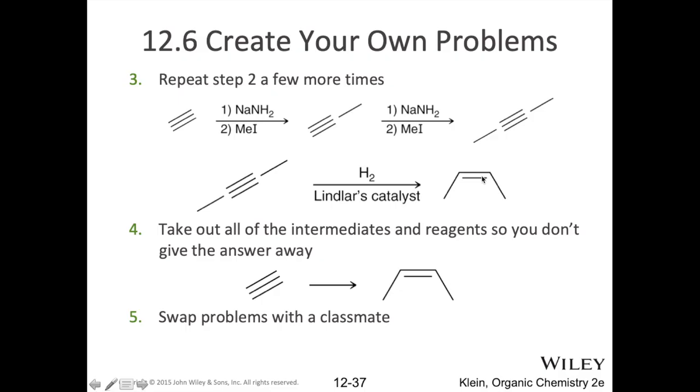And that's 2 steps. Oh, sorry. I guess it looks like I skipped a step there. It looks like we did a second equivalent of sodium amide and methyl iodide to add on another methyl group. So actually, we have 2-butyne as our alkyne here.